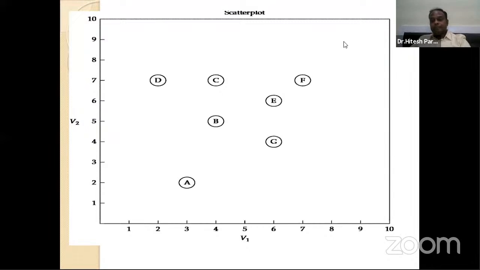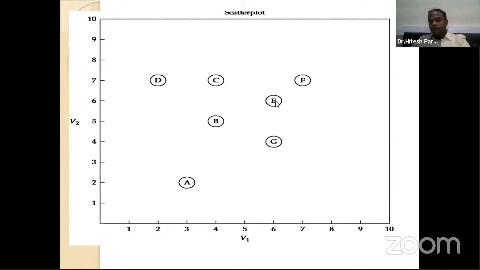Distance in what sense? Distance means from this point to this point. If you wish to go there, what is the distance? Say, for example, E has 6 on the x-axis and 6 on the y-axis, and F has 7 on the x-axis and 7 on the y-axis. So from the point 6,6, if you wish to go to point 7,7, how can you go?